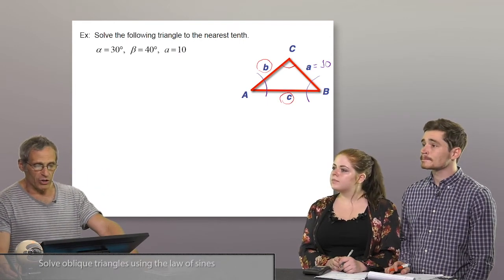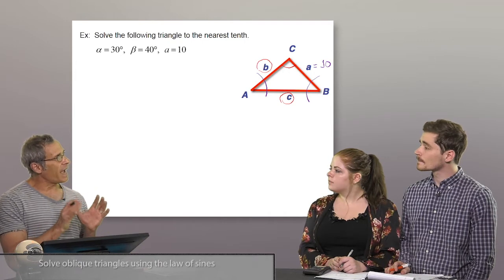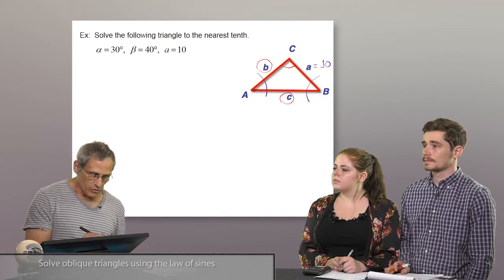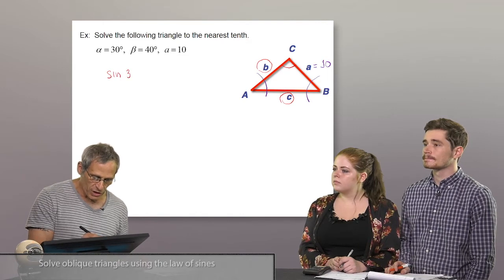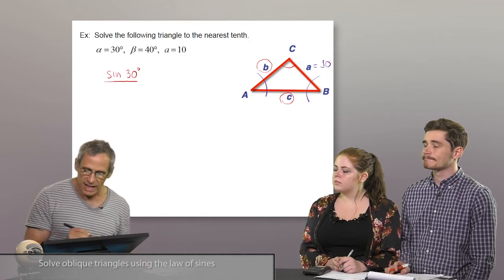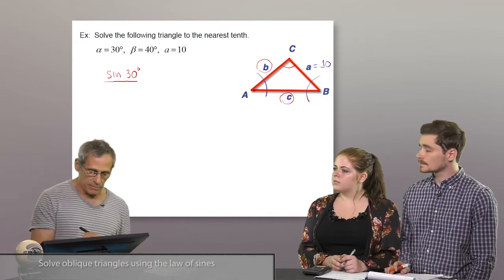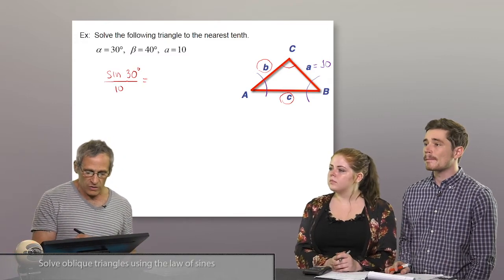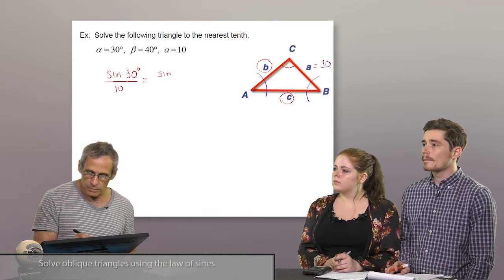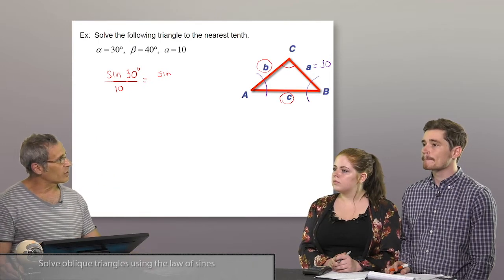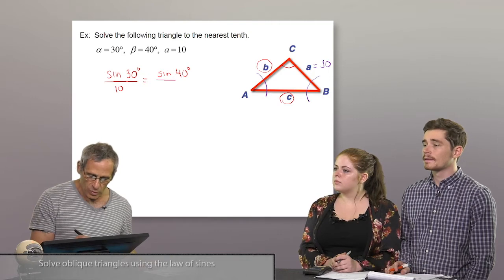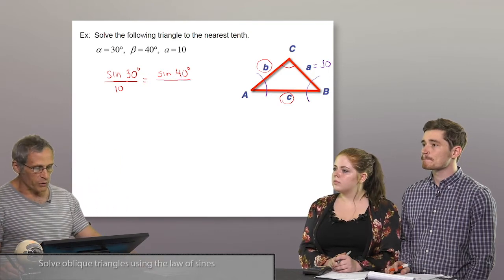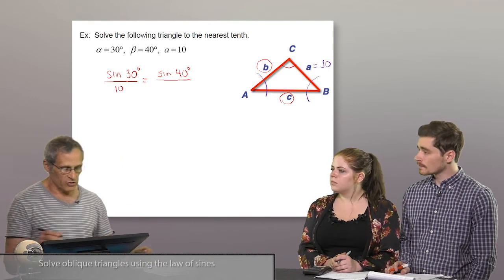The first thing I'm going to do is realize that I have an angle and a side opposite it. So I know that the sine of A, which is 30 degrees, over the length of little a, which is 10, would be equal to the sine of B, which is 40 degrees, over the side opposite B, which is little b.